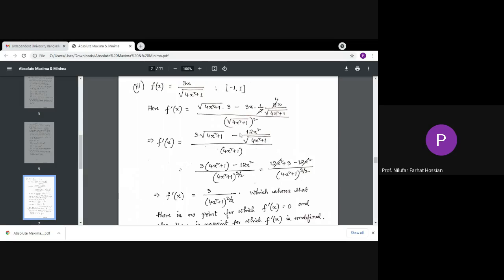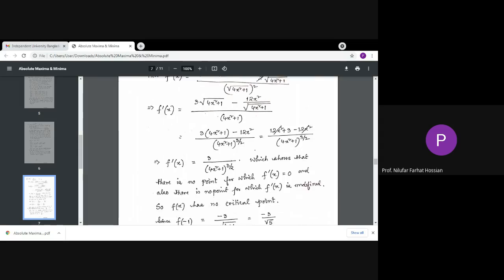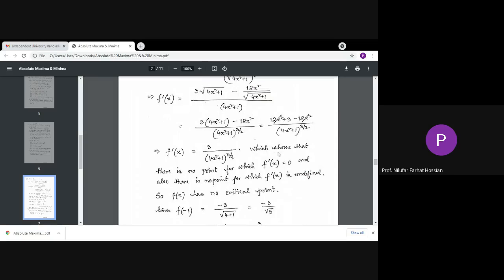So this is simple algebra. In the upper part, now you are getting 12x square plus 3 minus 12x square. So these 12x square and minus 12x square, they two are cancelling each other. So in the upper part, you have simply 3. And in the lower part, 4x square plus 1 whole to the power 3 by 2.